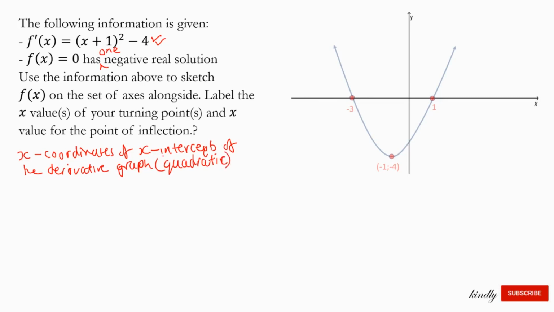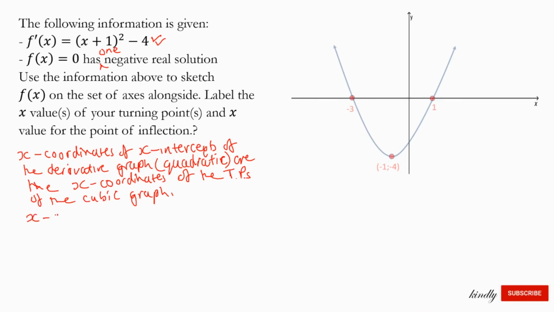The x-coordinates of the x-intercepts of the derivative graph are the x-coordinates of the turning points, TP, of the original graph, which is the cubic graph. Okay, remember that. The x-coordinates of the x-intercepts of the derivative graph, which is quadratic in this case, are the x-coordinates of the turning points of the cubic graph.